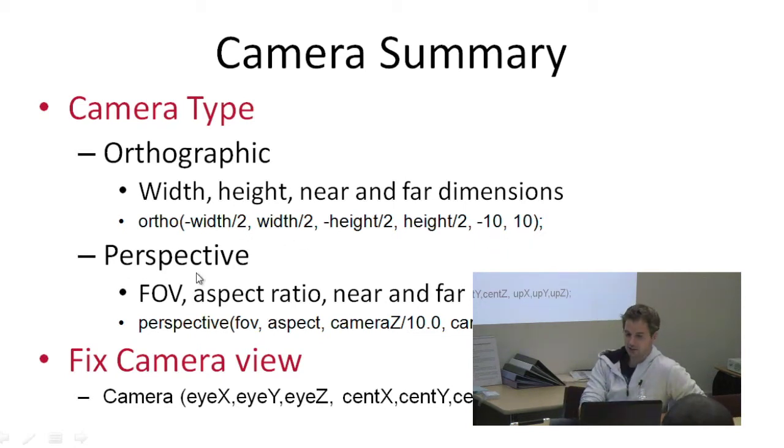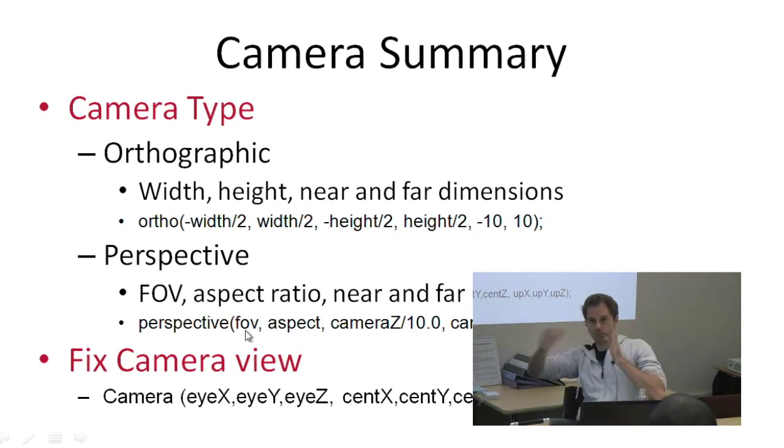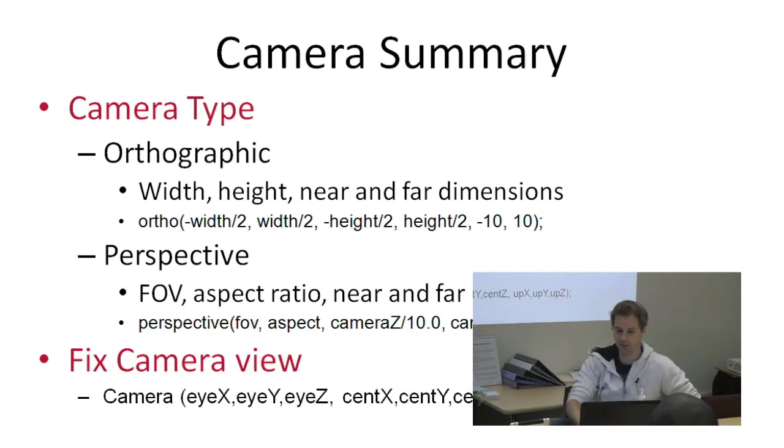And then to create our perspective, we need to specify the field of view, the aspect ratio, and the near and far. And it's essentially like a pyramid which has been cut off at the near and far. And then we can specify our camera view by IX, IY, IZ. And that's the same regardless of what projection we're in.